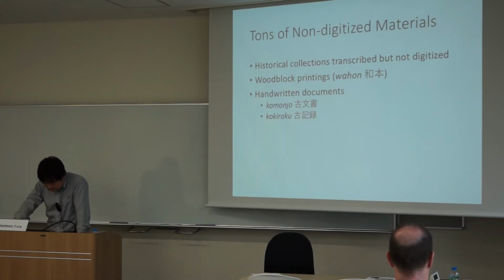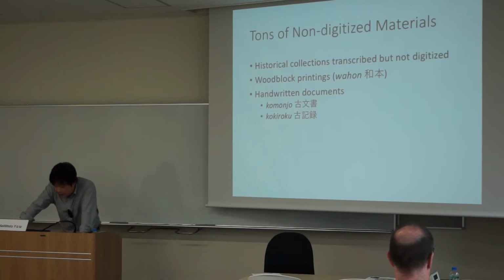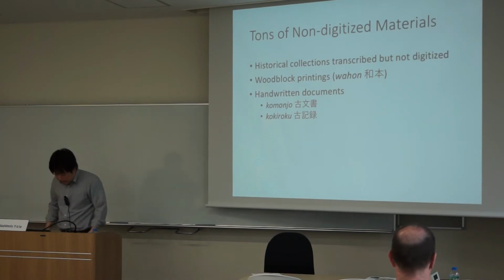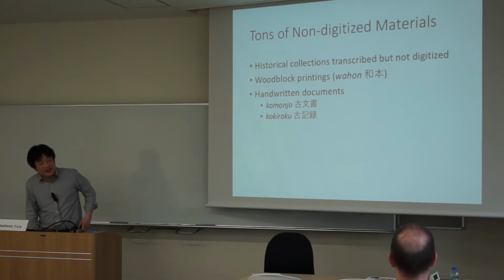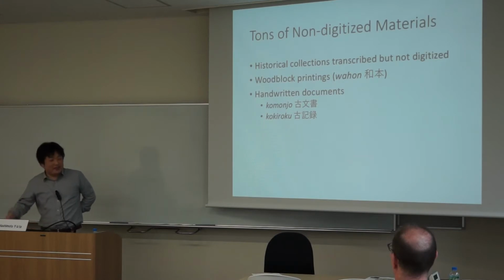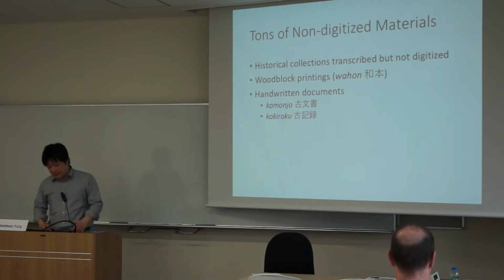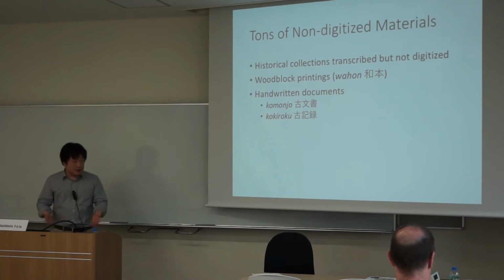Of course, there are also handwritten documents like komonjo or kokiroku. Historian Hiroki Okumura estimates that the number of historical documents preserved all over Japan is around 20 billion. I heard he calculated from the number of documents preserved in villages and estimated the total number.